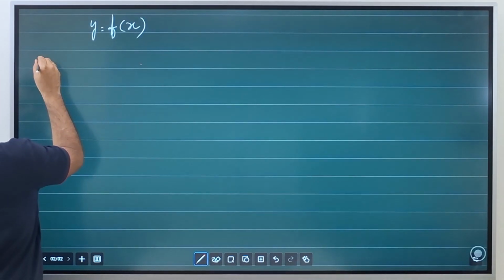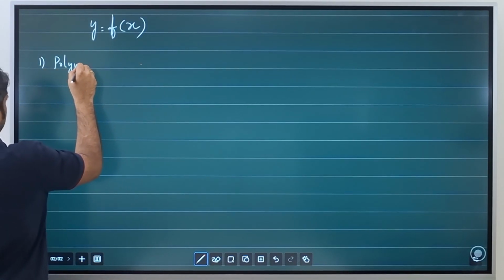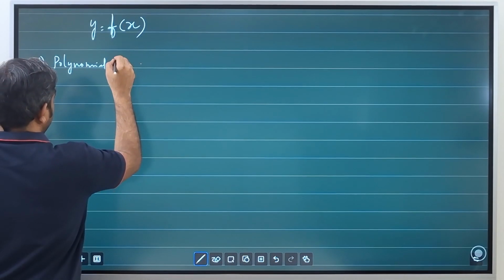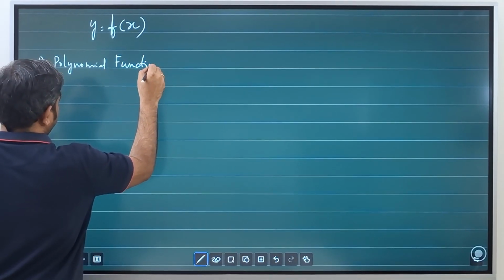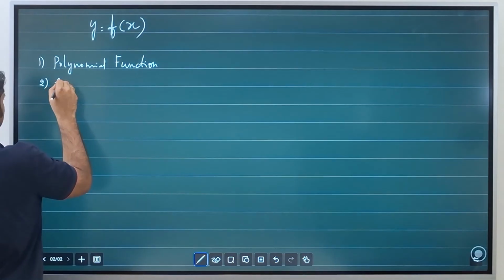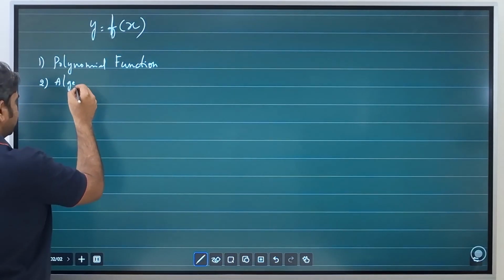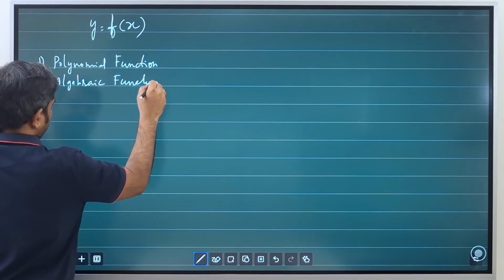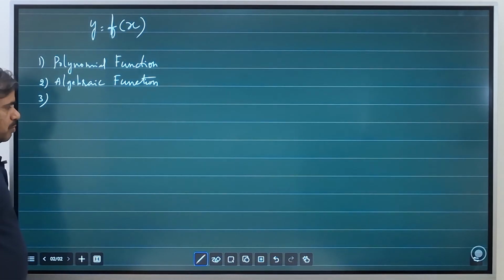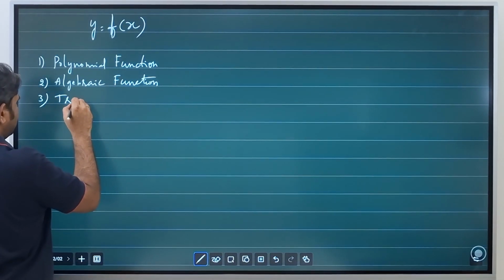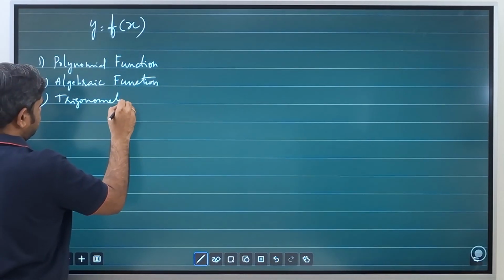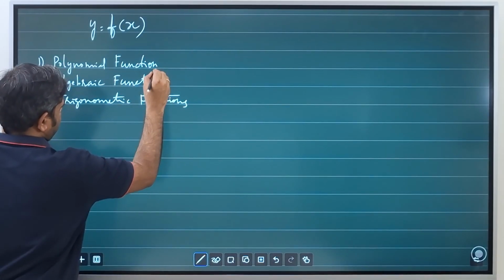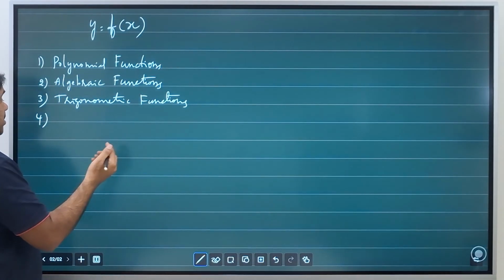You can have polynomial functions. You study polynomials in 9th and 10th standards. Polynomial functions. You also have algebraic functions, linear function, quadratic equation, etc. If I have to write, there are trigonometric functions, and inverse trigonometric functions.